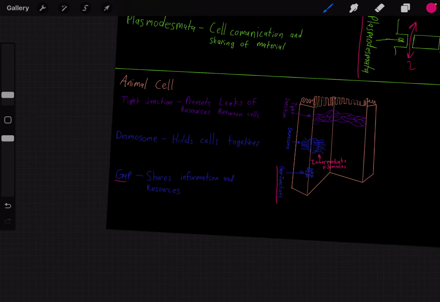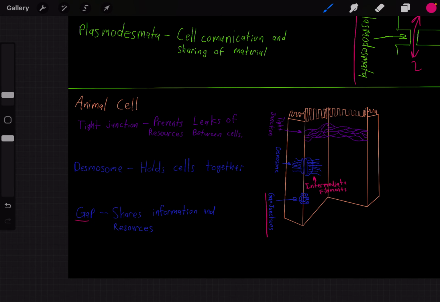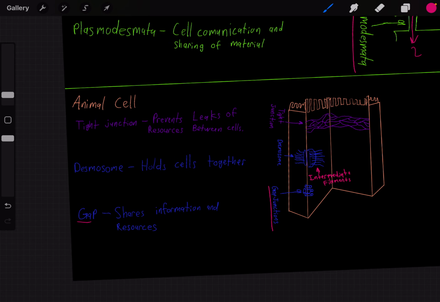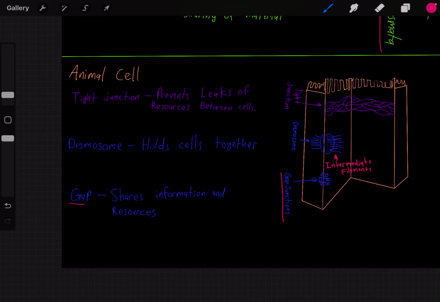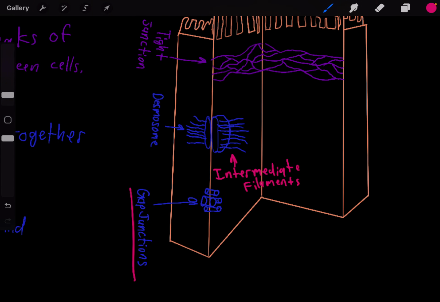And finally, for the last cell junction in animal cells, you have a gap junction over here. It does the exact same thing as a plasmodesmata. It shares information and resources with the other cell. So if this was cell 1 and this was cell 2, these gap junctions share information and also food and stuff.